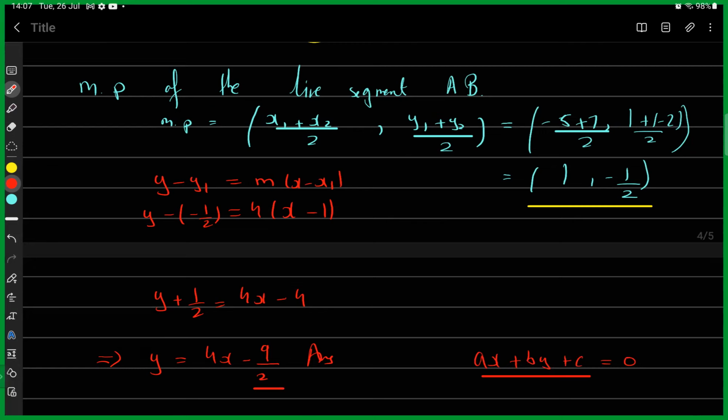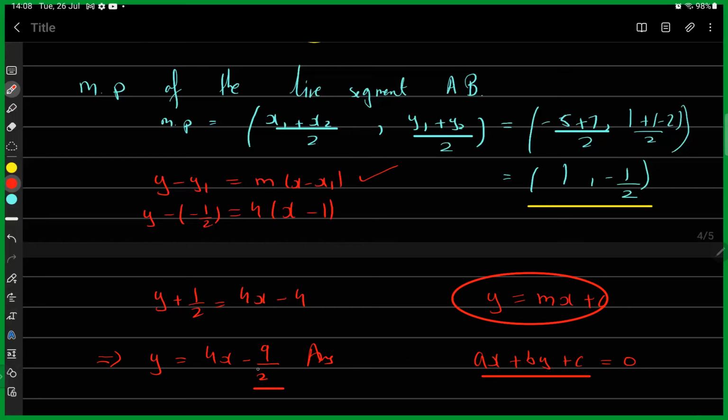At times the examiner asks you to write down the answer in the form y equals mx plus c. Even for this form, you can use the point slope form. You can use this equation, and after simplifying everything, this is certainly y equals mx plus c.